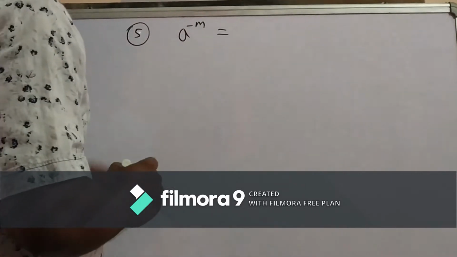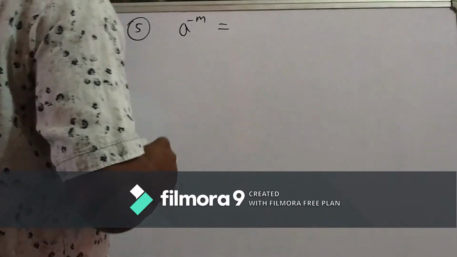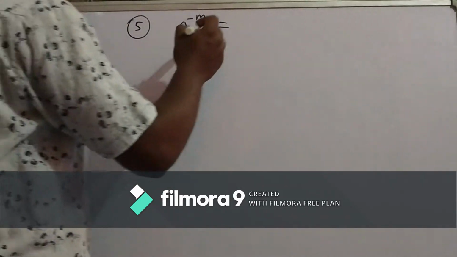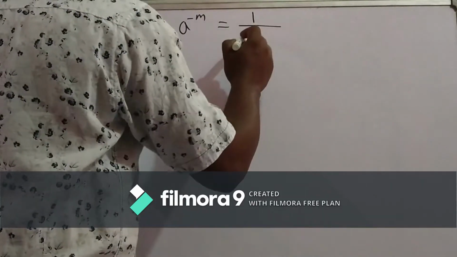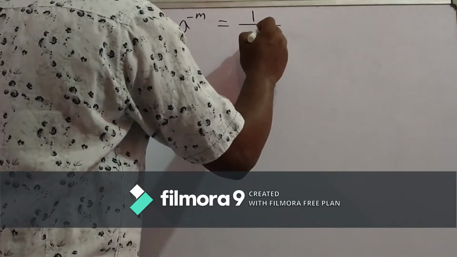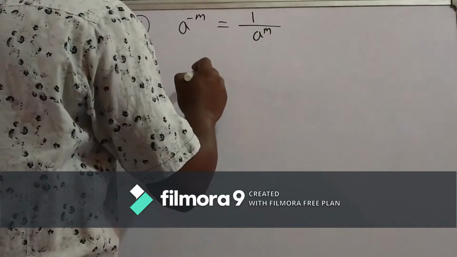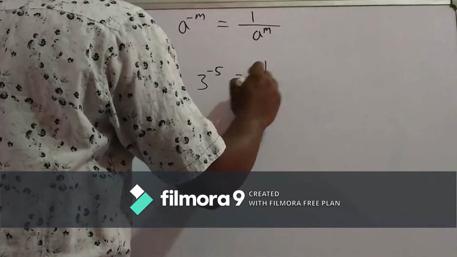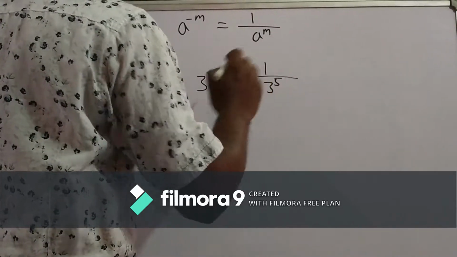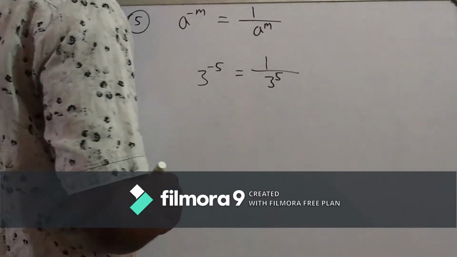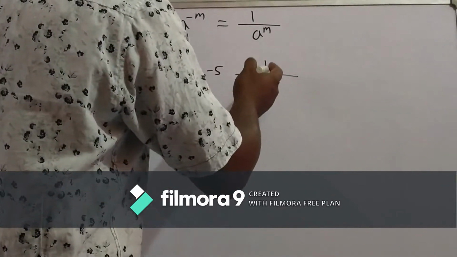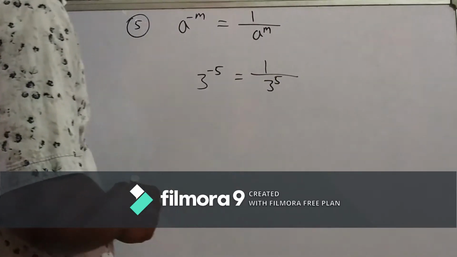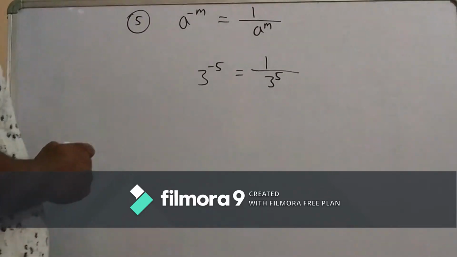So in this case we have to take the reciprocal. We can write 1 upon a to the power m. For example, 3 to the power minus 5. We can write 1 upon 3 to the power 5. Now the power becomes positive. Here the negative power, when reciprocated, becomes positive. So this is the fifth formula.